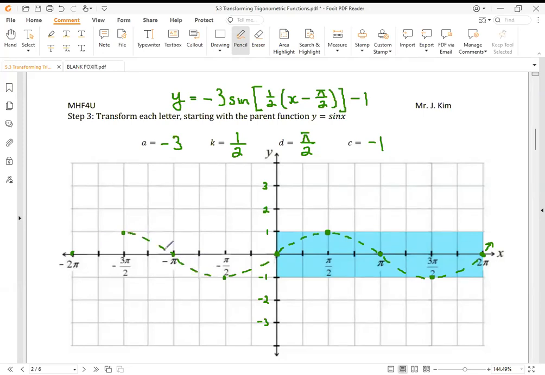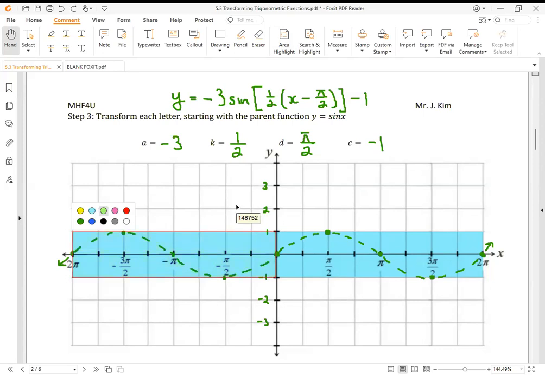Remember, you can do this very lightly because as a parent function, you know this is going to change, right? I also want to draw your attention to the fact that this highlighted area is essentially copied and pasted everywhere else, right? It's the exact same thing. So we can just focus on one and copy and paste it anywhere else.